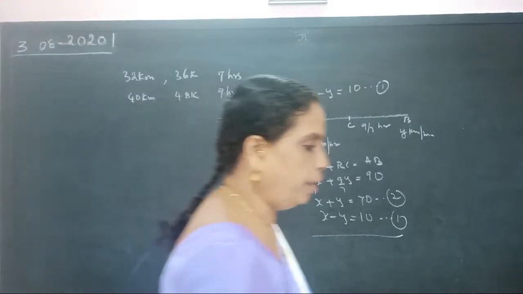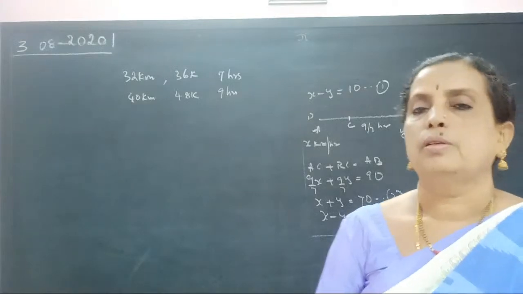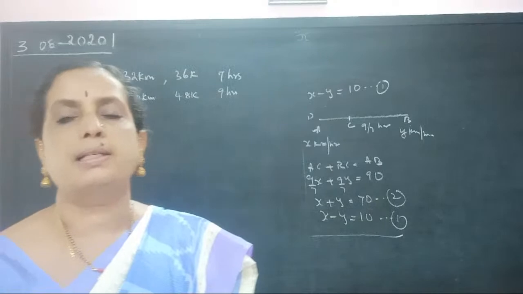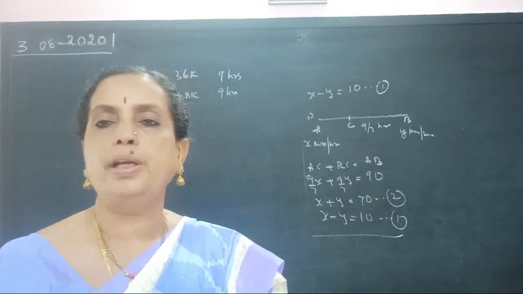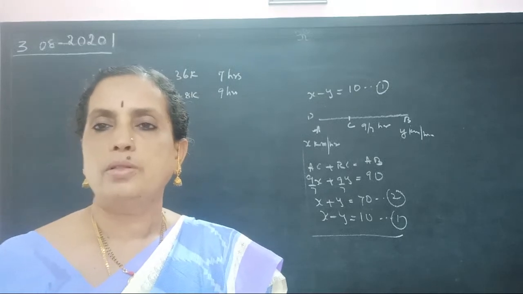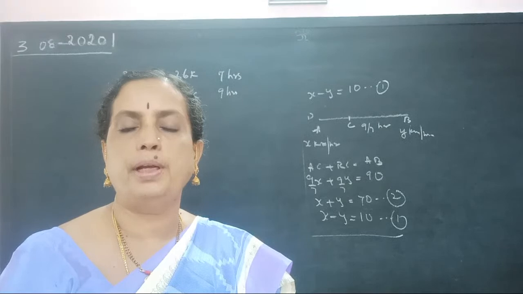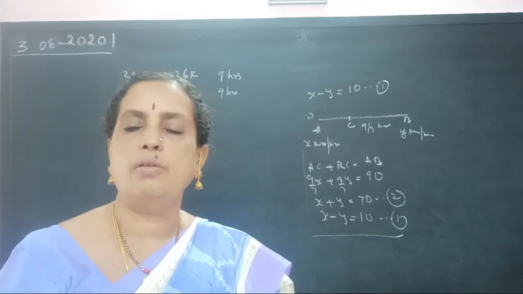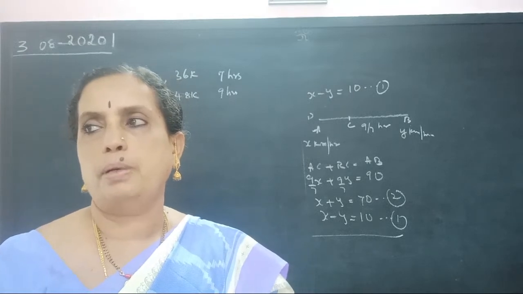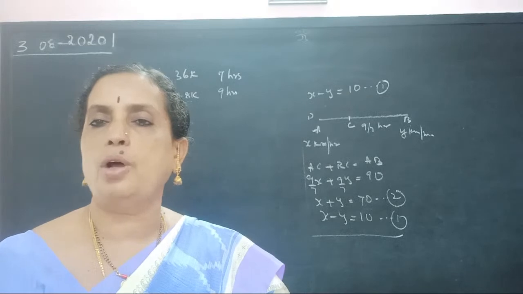One point you have to keep in mind: boat speed, ship speed, rowing speed is always greater than the speed of the current or speed of the stream. So taking variables, x is always boat speed and y is always stream speed. x minus y and x plus y give the speed in upstream and downstream.